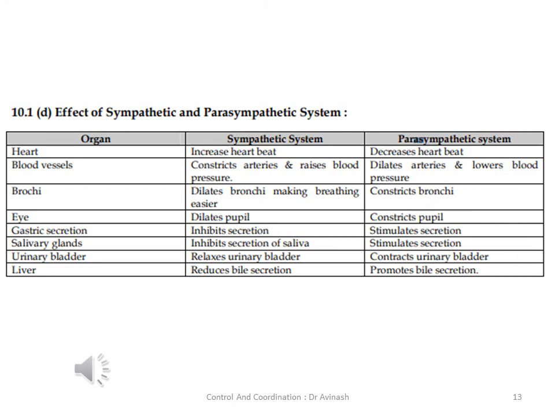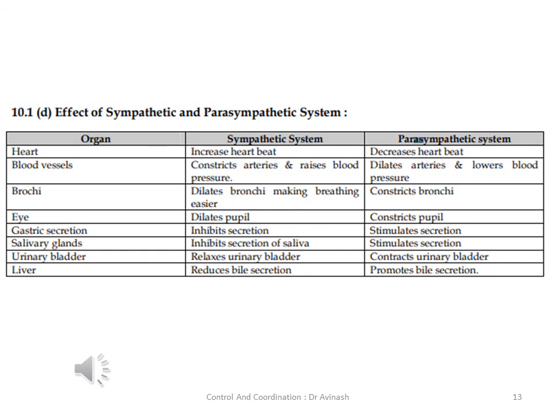Gastric secretions, sympathetic system inhibits secretions, whereas parasympathetic stimulates secretions. Salivary glands: sympathetic system inhibits secretion of saliva, whereas parasympathetic stimulates the secretion of saliva. Urinary bladder: sympathetic system relaxes urinary bladder, and parasympathetic system contracts urinary bladder.